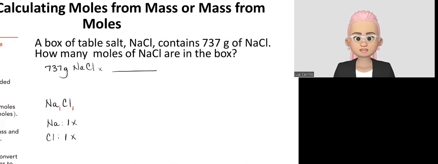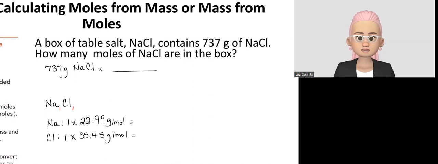Sodium, if I round it to 2 decimal places, like in the periodic table that I'm using, its atomic mass is 22.99, and that's grams per mole. Chlorine, on the other hand, has a molar mass of 35.45 grams per mole.